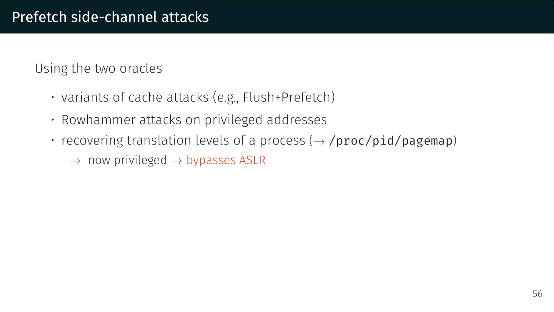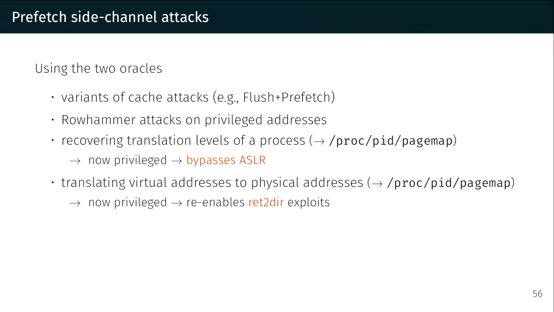In addition, we can use it to recover the translation levels of a process, which you could do earlier with the pagemap file, but as I told you, it's now privileged, so you don't have access to that. And by doing that, you can bypass address space layout randomization. In addition, as I told you, you can translate virtual addresses to physical addresses, which is now also privileged with the pagemap file. And using that, it re-enables return-to-direct exploits, which have been demonstrated last year.